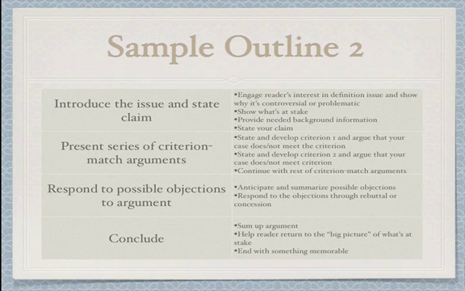Another example would be to do the same thing in that introduction, setting up the context and background, setting up what's at stake here, providing that thesis statement or claim, and then doing criteria and match. So here you would do, here's criteria 1 and how it does or does not fit. Here's criteria 2 and how it does or does not fit.